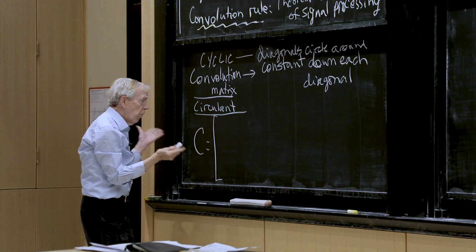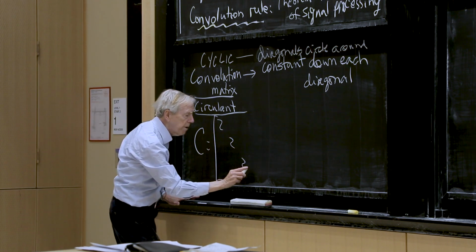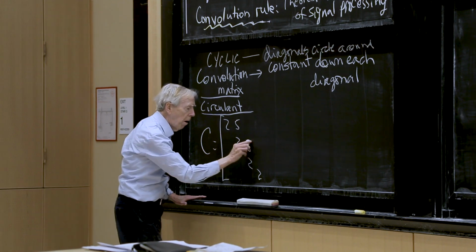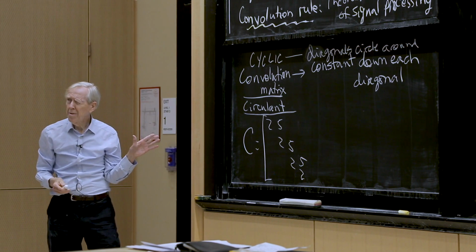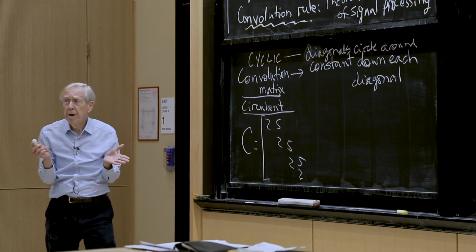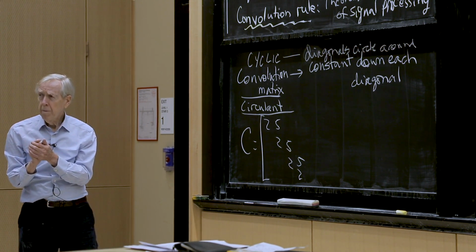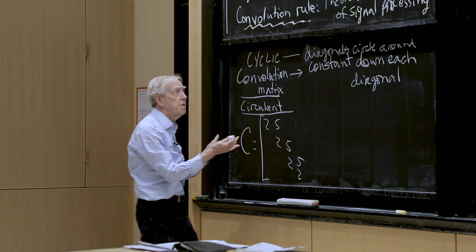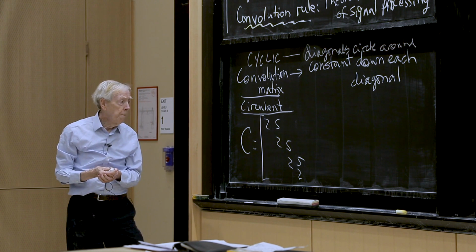So 4 by 4, let's say. So it has some entry to, there's one diagonal. Here's another diagonal. So now I have constant diagonals, but if it's going to be a circulant matrix, and this is the best family of matrices in the world. The algebra is just terrific for these matrices, and that's why they're the heart of signal processing.